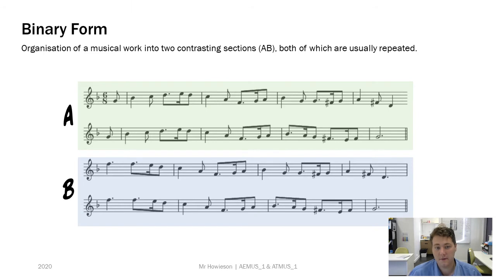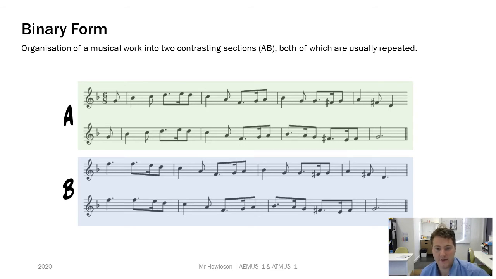So binary form, remember, is the organisation of a musical work into two contrasting sections, A, B, both of which are usually repeated. In your binary form, you've got an example here of Greensleeves, which is your ice cream truck song. Have a look at that. The first two lines look very similar to each other. They both have the same rhythms. It changes a little bit towards the end to indicate the end of that section.